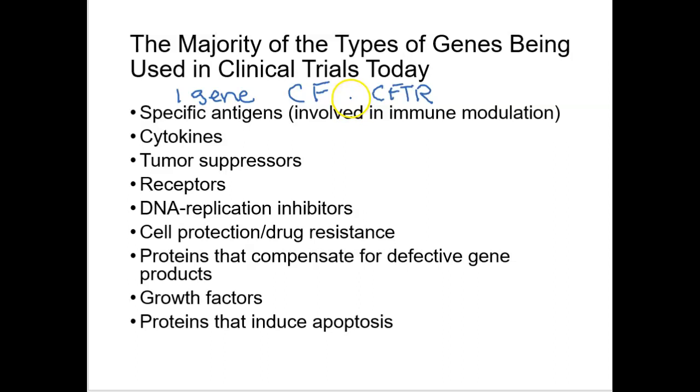We've got other diseases or other conditions like autism, which is a very complex disease, and many genes can contribute, as well as the environment. So that would be a bad target for gene therapy.